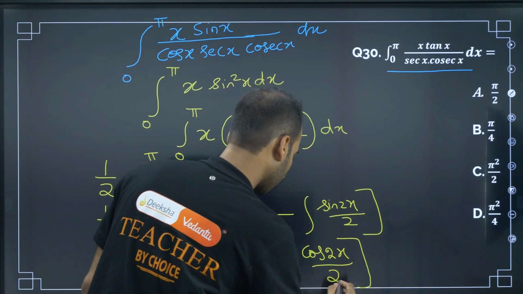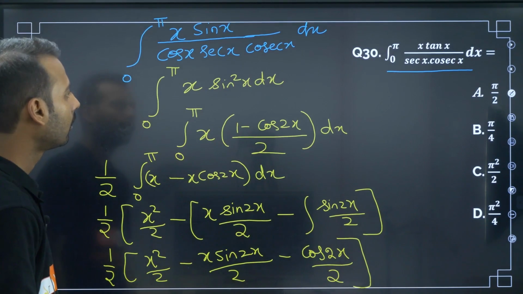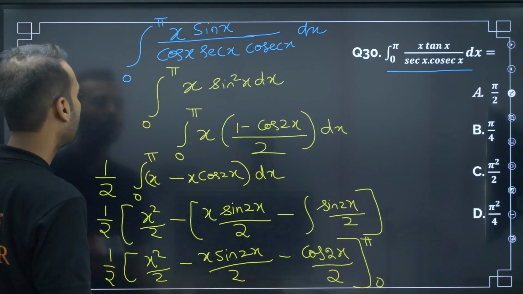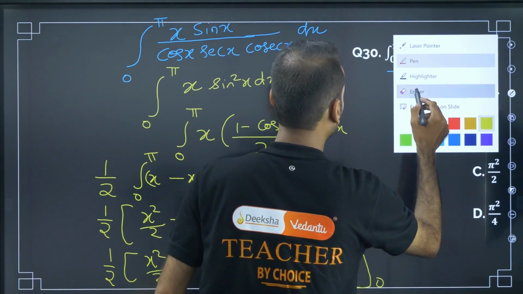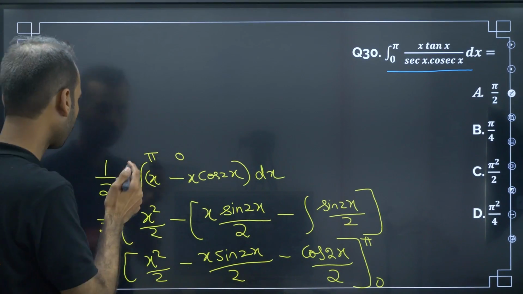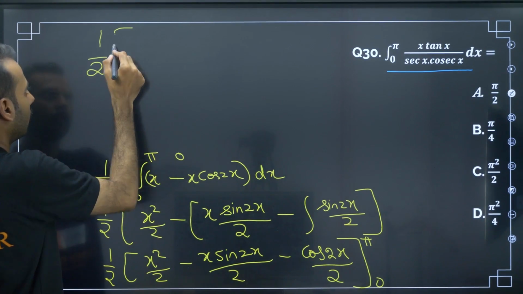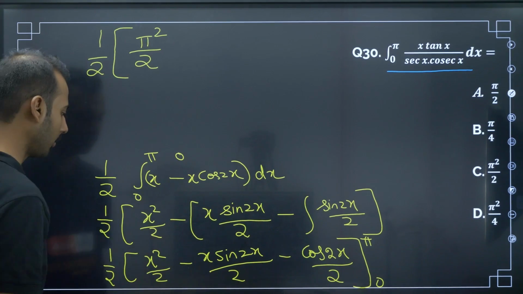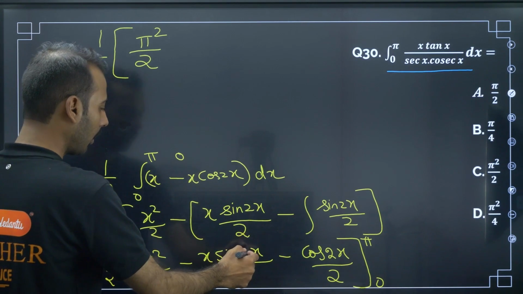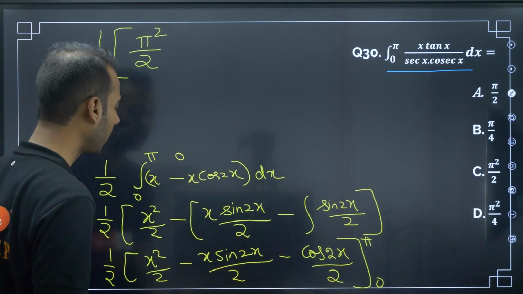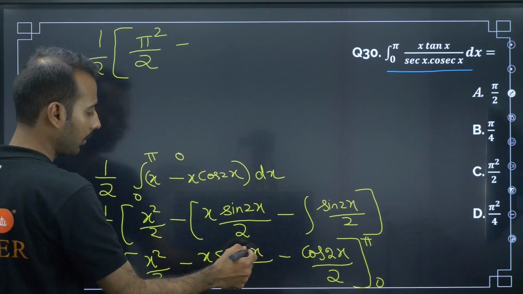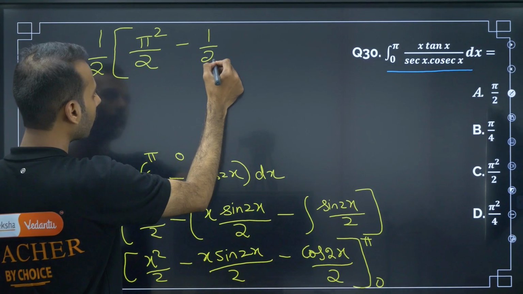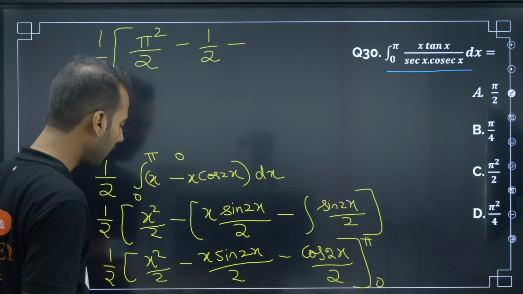Now we have to do some substitution from 0 to pi. Let me remove 1 by 2. x in place of x, pi square by 2 minus, if I place upper limit, this is 0, this is minus 1 by 2 minus, this is 0, minus upper limit.